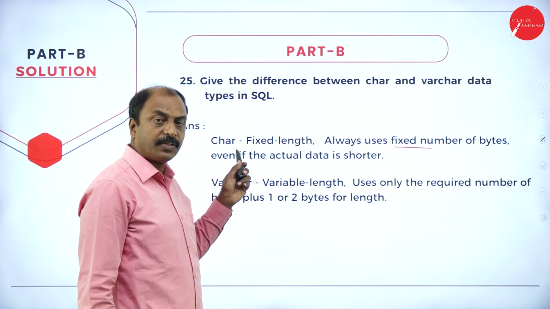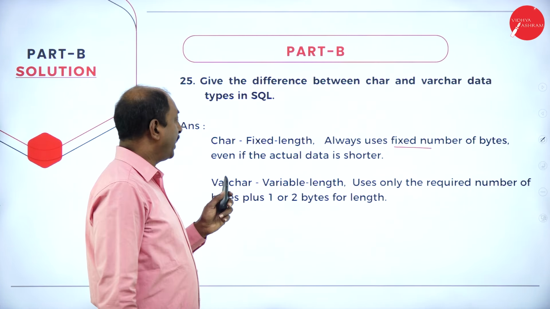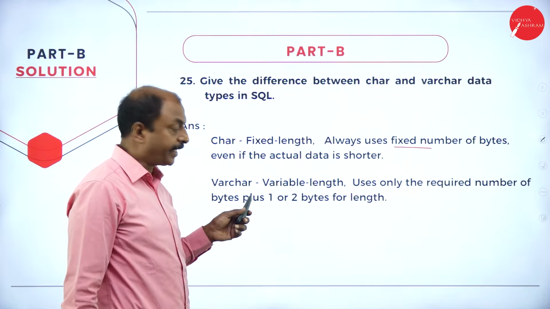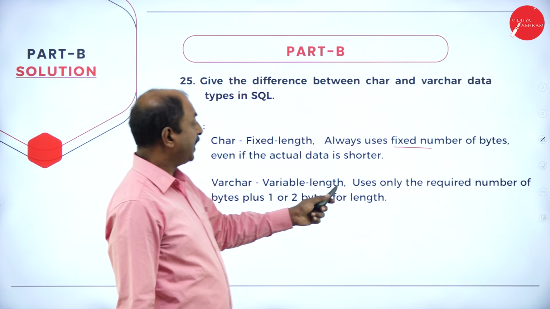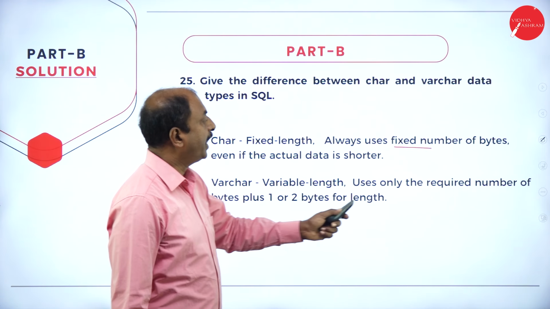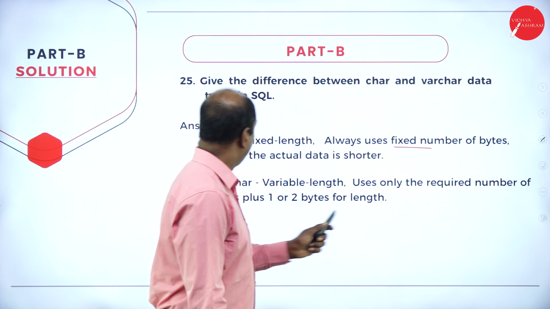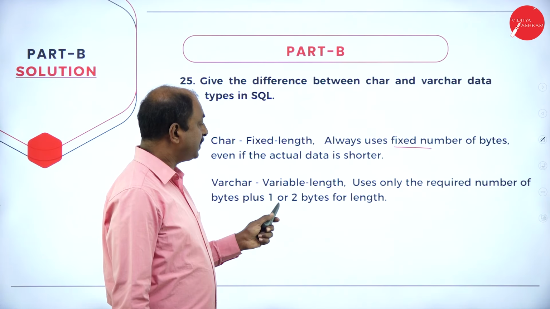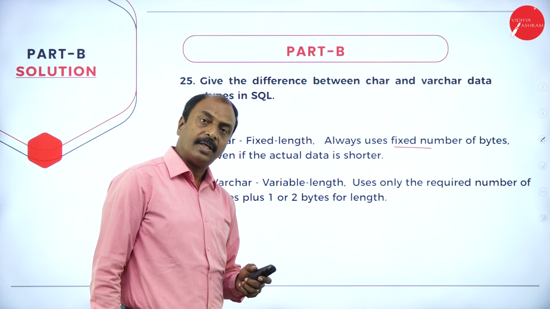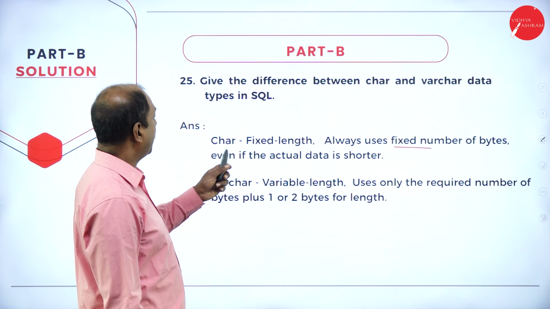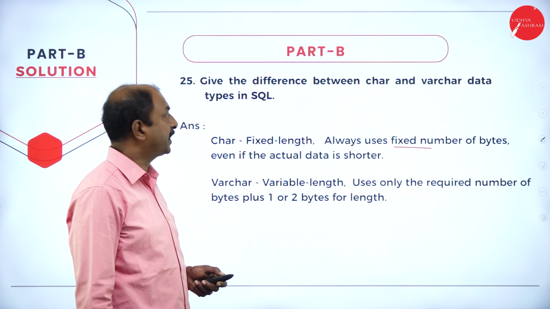That is the feature of character. And what is varchar or variable character? It is a variable length. It can be of any length and uses only the required number of bytes plus 1 or 2 bytes for the length. This is the difference between character and varchar.